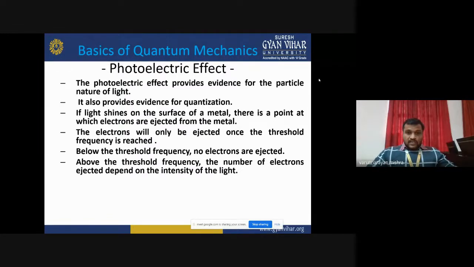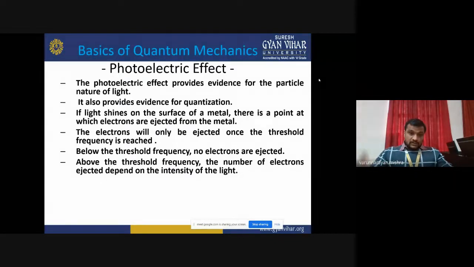Okay, so the photoelectric effect provides some of the evidence that light has particle nature. It also provides some evidence for the quantization process, or the production of the quanta or photon. When light interacts with the surface of a metal or any object, there is the possibility that some electrons may be ejected from that metal above the threshold value, and these electrons will only be ejected once the threshold frequency is reached.